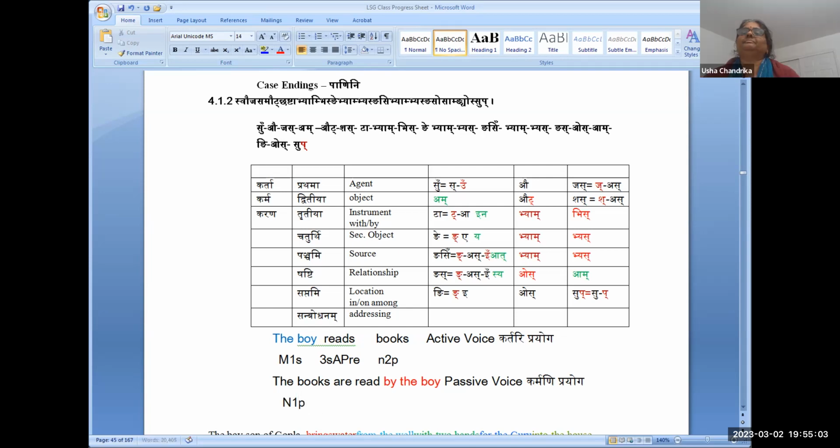Or read is third person, plural, and it is not active voice, it is passive voice. And it's present tense, a present passive.